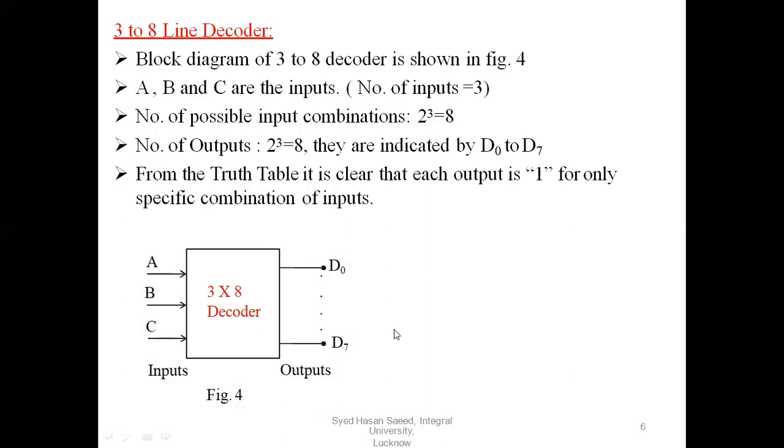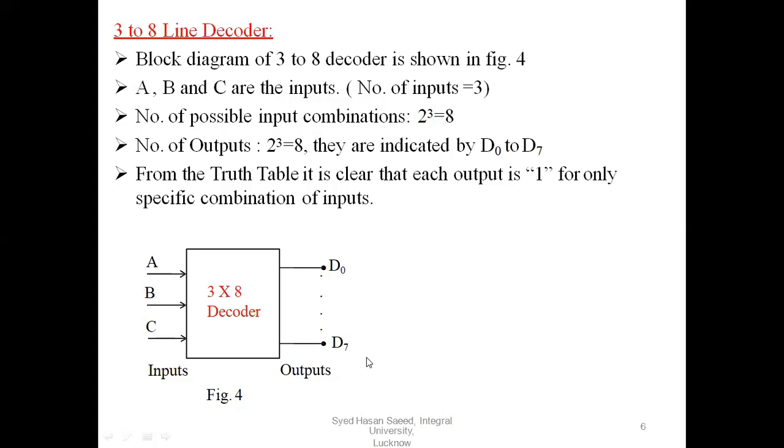Before drawing the logic circuit diagram, first you have to draw the truth table for the 3 to 8 line decoder, then get the Boolean expressions from that truth table. Later we will construct the logic diagram.